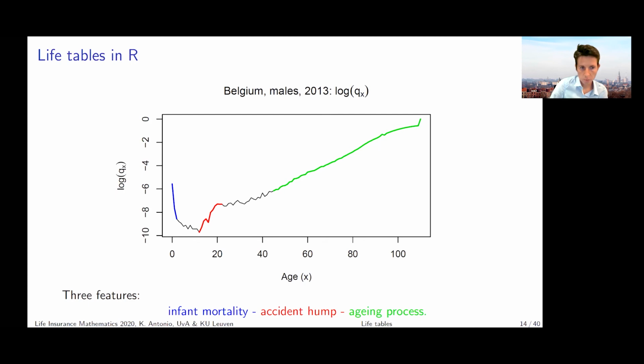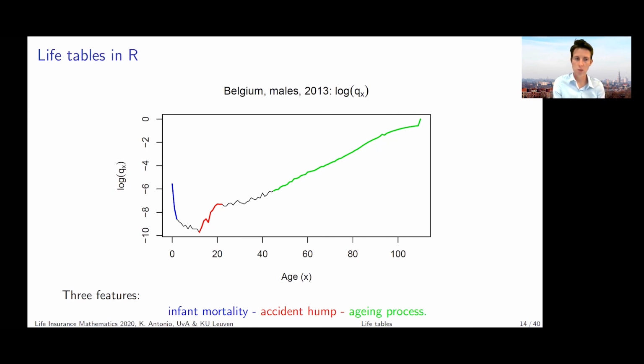So keep this picture in mind, because from time to time I ask during the exam to visualize certain concepts. And a typical one could be that I ask you to make a picture of the mortality rates as a function of age and to discuss a few properties or a few specific characteristics of this graph. I put it here at the logarithm scale.